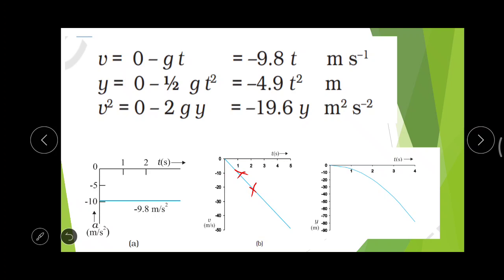Now come to the position time graph. You can see that initially the velocity was less. So the first second displacement is happening less only, and afterwards it is increasing. For the first second the displacement is near about 10 meter only, but for the second it is near about 30.